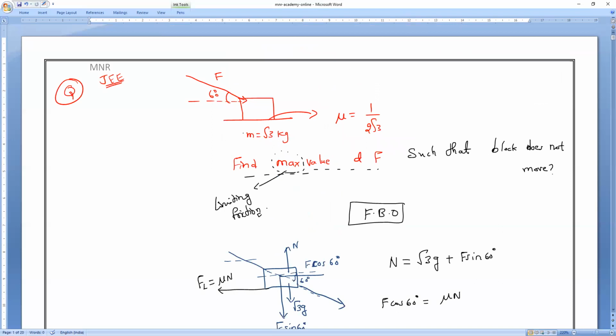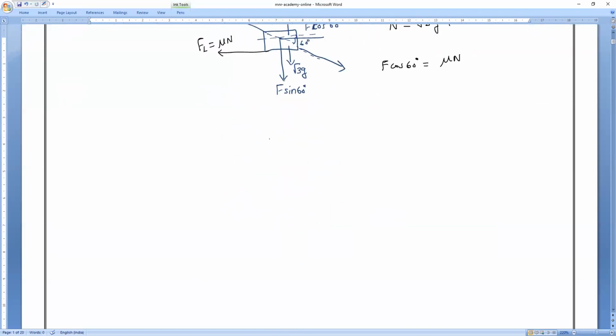I have given the mu value and the mass, so we can make it. F cos 60 is equal to mu into N. The mu value is 1/(2√3) into the N value, which is √3g plus F sin 60.